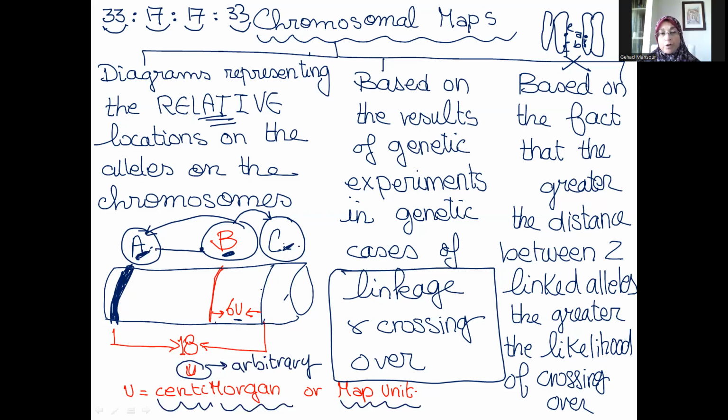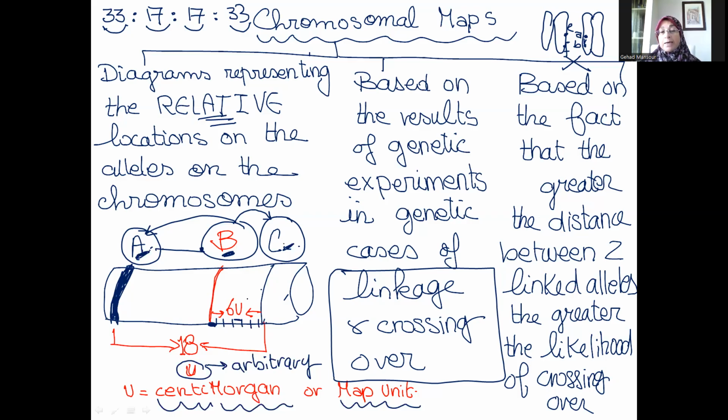Say, for example, we are dividing the 6 units into 6 parts, then every unit of these is called a centimorgan. And a centimorgan represents the possibility of 1% of occurrence of crossing over between two alleles.